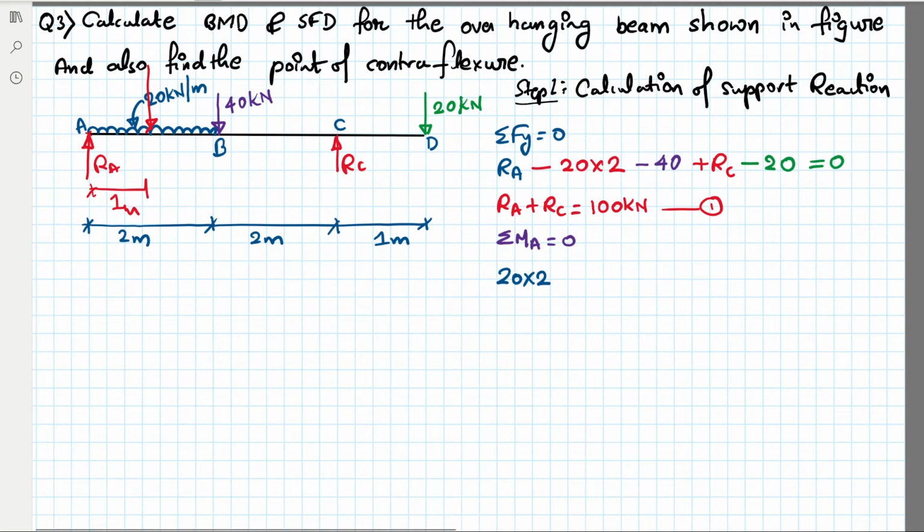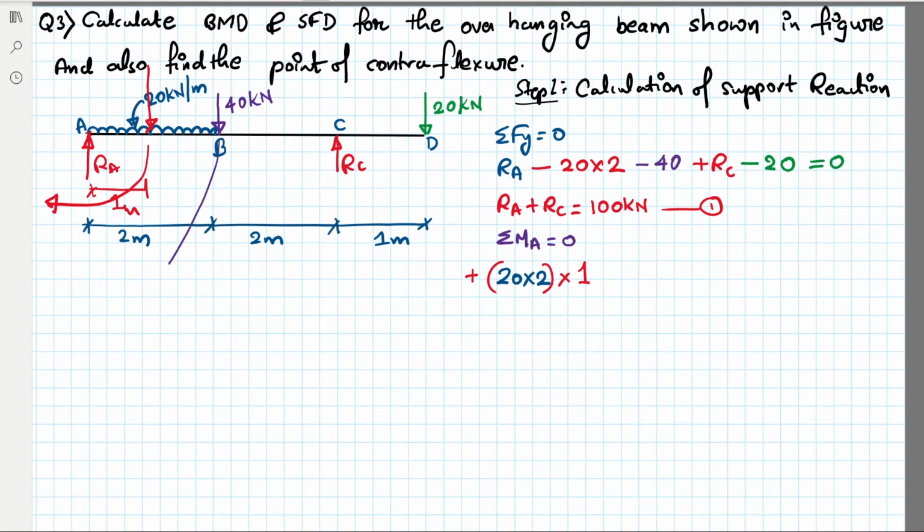Therefore the intensity is 20 into 2, acting at a distance of 1 meter from RA. About A, it is going to rotate in the clockwise direction, therefore I take it as plus. Then we have 40 kilonewton.